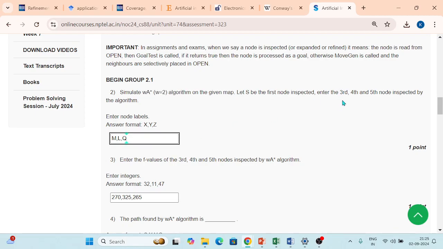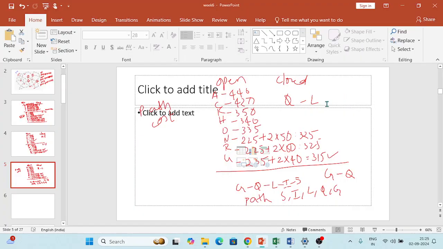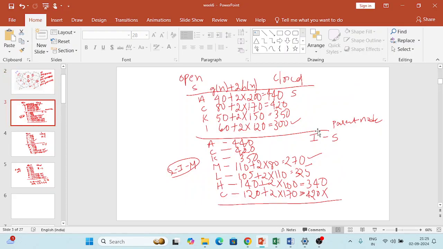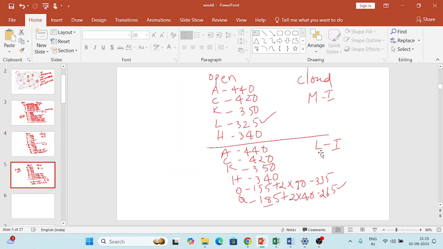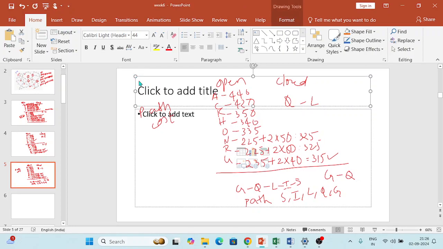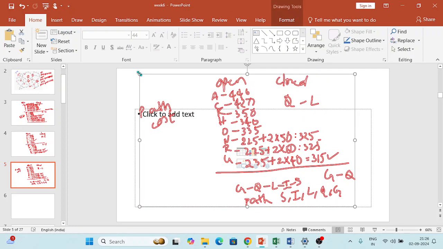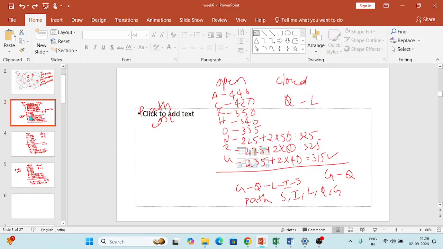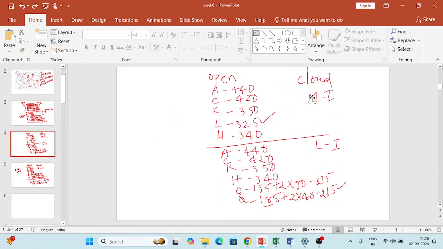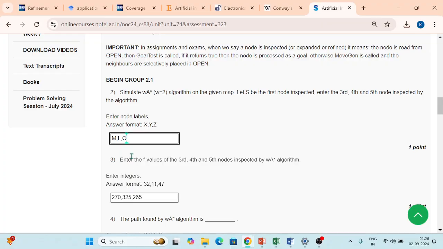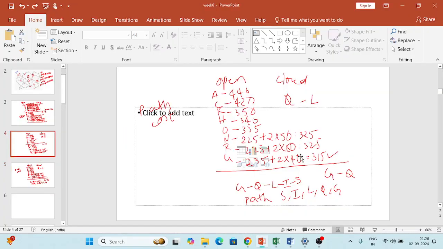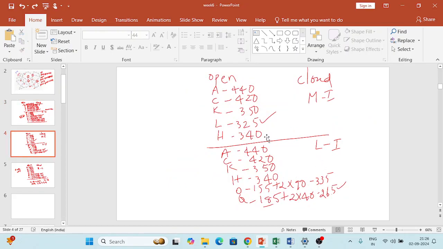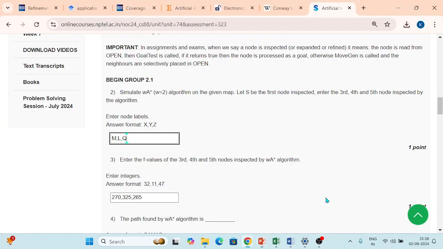So they asked us to write the third, fourth, and fifth nodes. First is S, next I, next M, L, Q. So first, third one is M, L, Q. The f values are for M 270, for L 325, for Q 265.